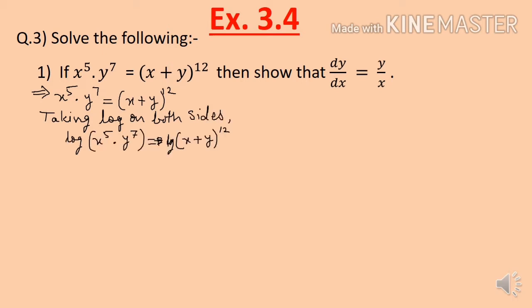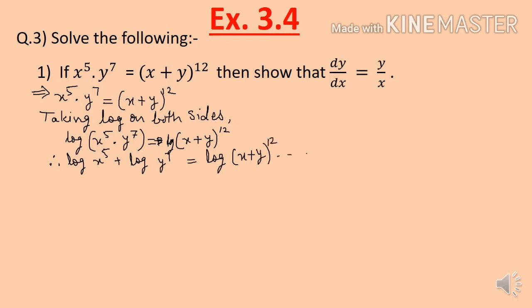So now we know that log of a into b is log of a plus log b. So therefore we get log of x raised to 5 plus log of y raised to 7 is equal to log of x plus y raised to 12.